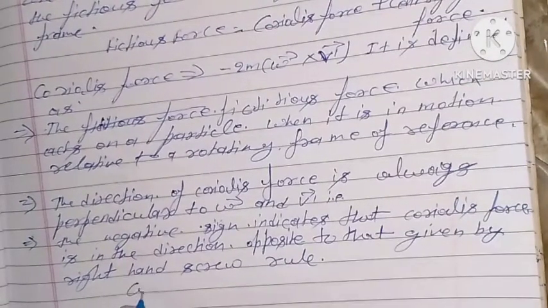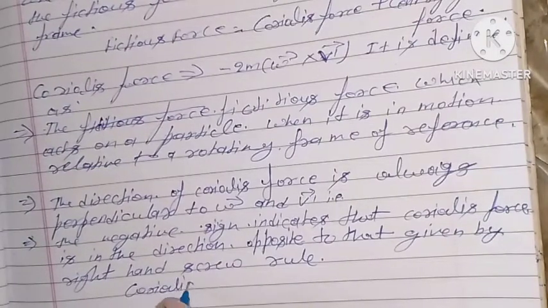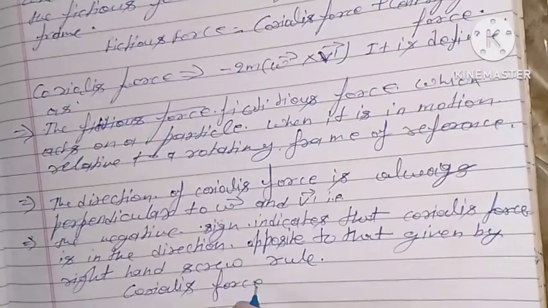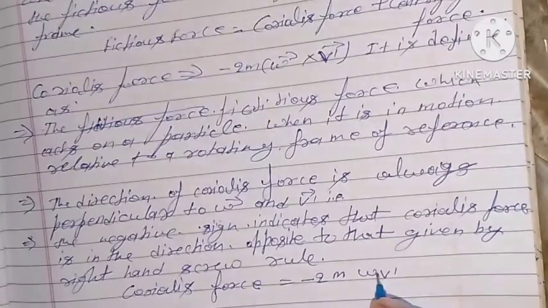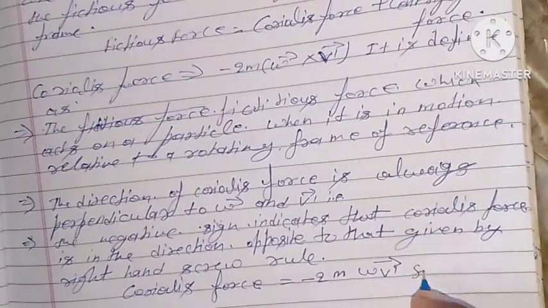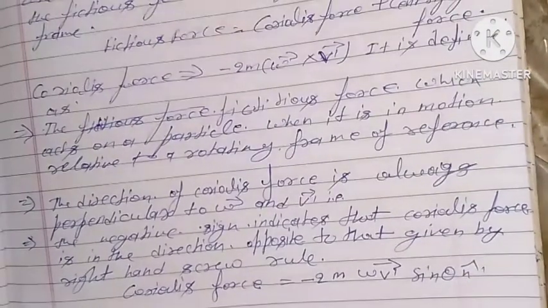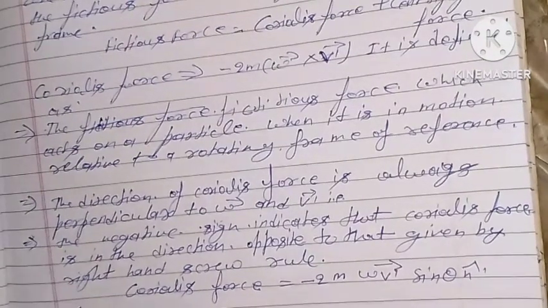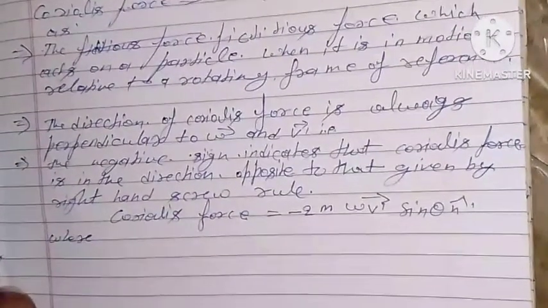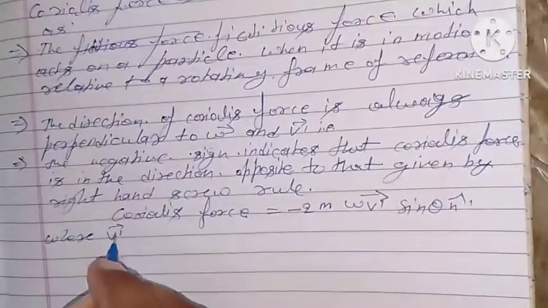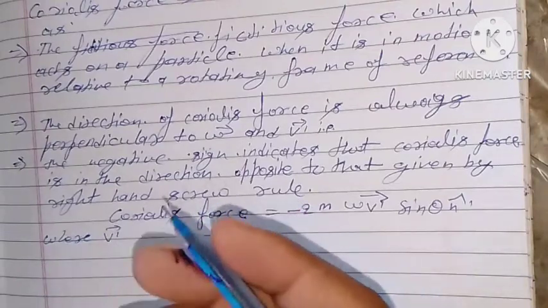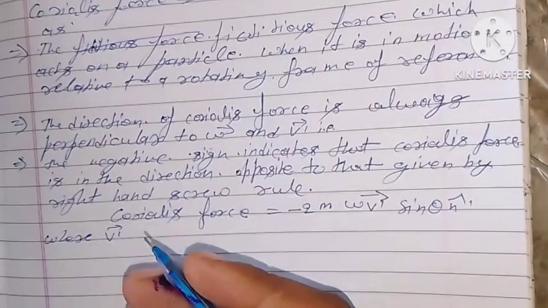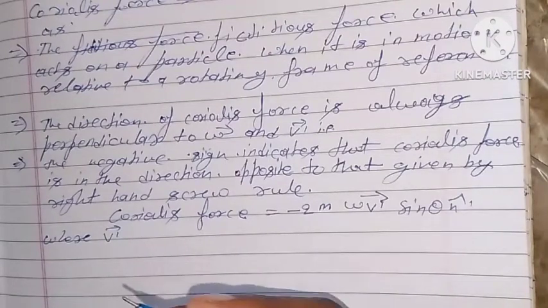Coriolis force can be written as minus 2m omega v dash sin theta n, where omega and v dash are the magnitudes of the vectors, theta is the angle between the direction of omega and v dash, and n is a unit vector perpendicular to both omega and v dash.